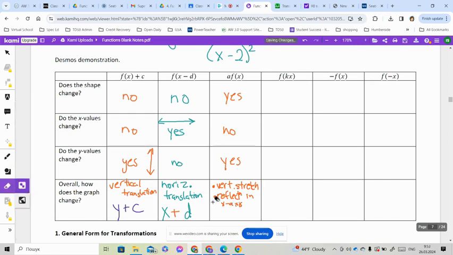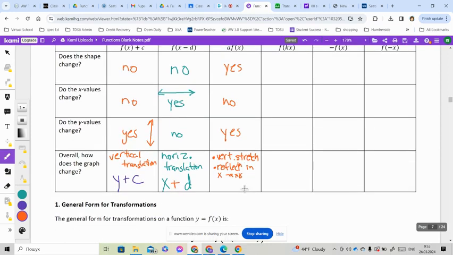Let me make the x more clear. I know we say reflection in x axis, but you might want to say reflection across the x axis. And so what we're doing here, similar to the y pattern, we're taking that a value and we're multiplying the y. Yes.